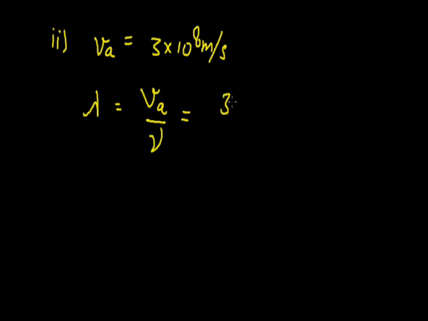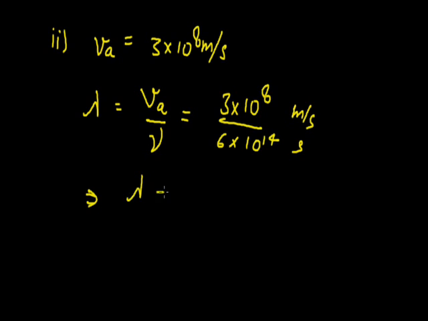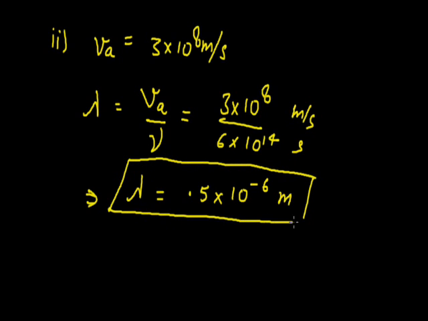So Va value is 3 into 10⁸, and frequency is given as 6 into 10¹⁴ Hertz. When we rearrange the numerical data and calculate it, we get 0.5 into 10⁻⁶ meters. So it is the value of wavelength for air, while the speed of light in air is 3 into 10⁸ meter per second.